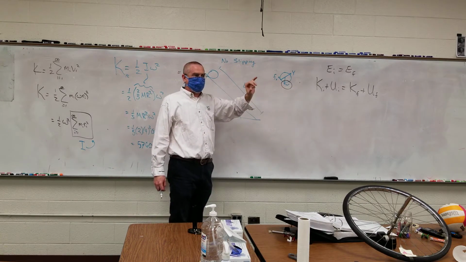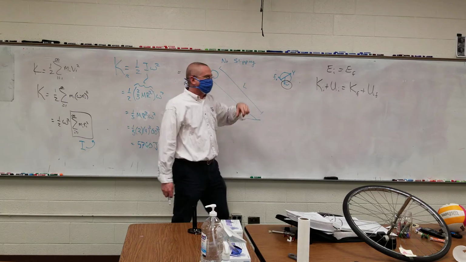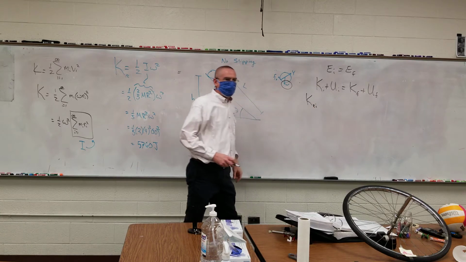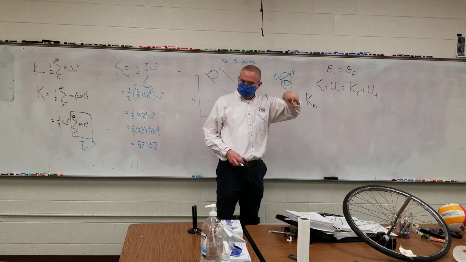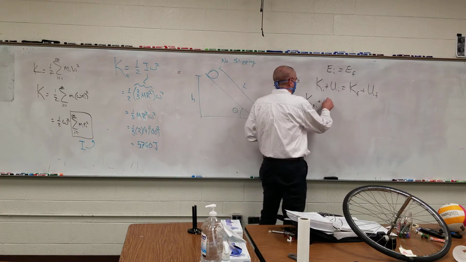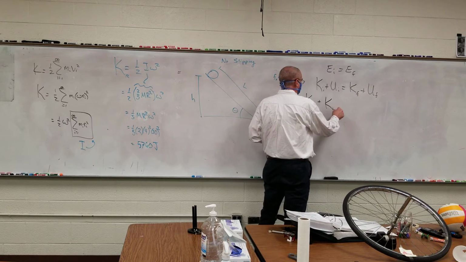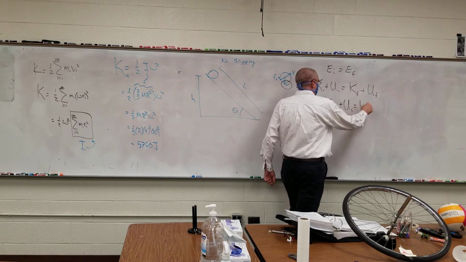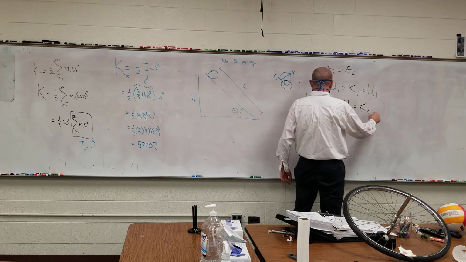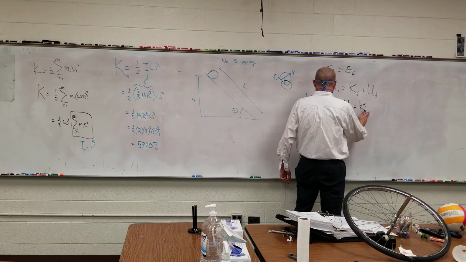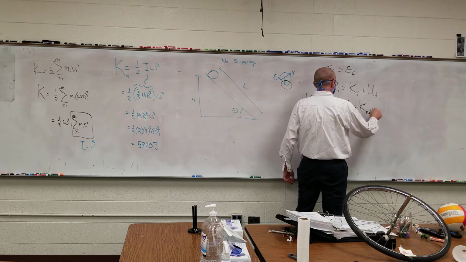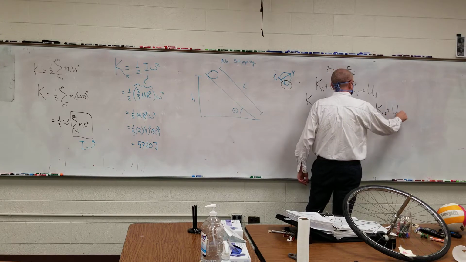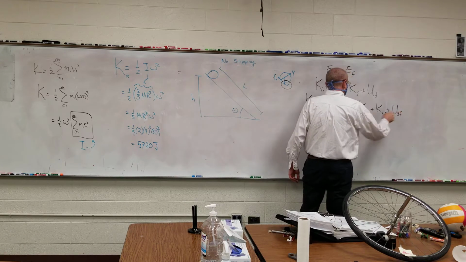I'm going to treat this as an object that's rotating, so I have rotational kinetic energy, but I also have the ball moving down the ramp. It's not just spinning in one place. And so I have this linear or translational kinetic energy plus U initial equals K final, K rotational final plus K linear final plus U final.